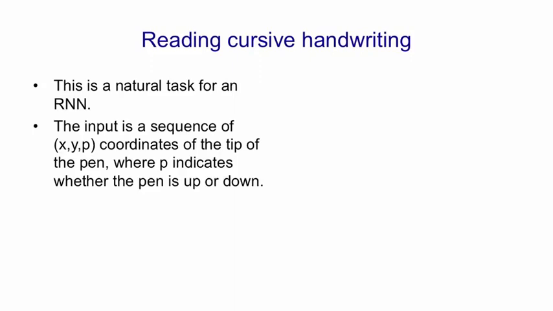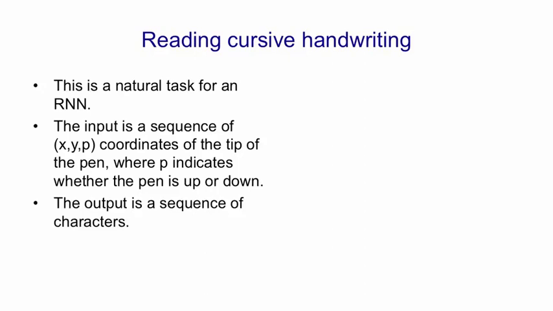Now let's look at a task that a recurrent neural network with long short-term memory is very good at. It's a very natural task for a recurrent neural network. It's reading cursive handwriting. The input is just a sequence of the x and y coordinates of the tip of the pen, plus some information about whether the pen is on the paper or not.